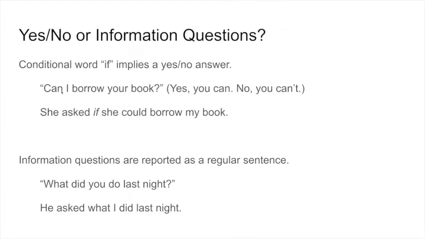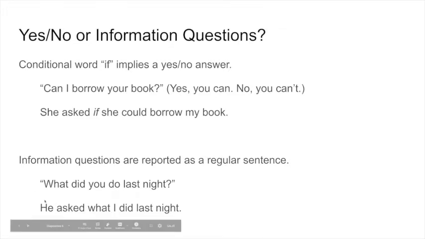And because we're talking in the past, can is going to become could, because could is the past of can. So she asked if she could borrow my book instead of your book. I am talking now, so it's going to be my book. So again, she asked if she could borrow my book. We're going to use if for yes or no questions. Remember that.